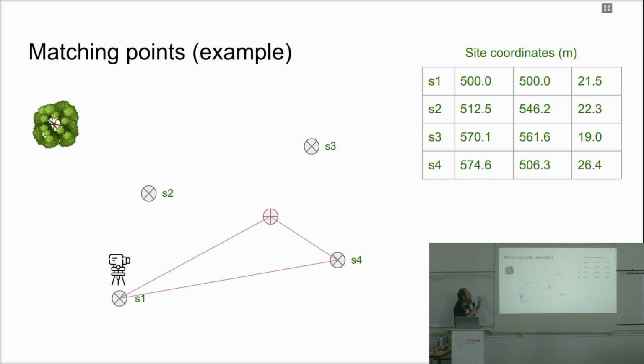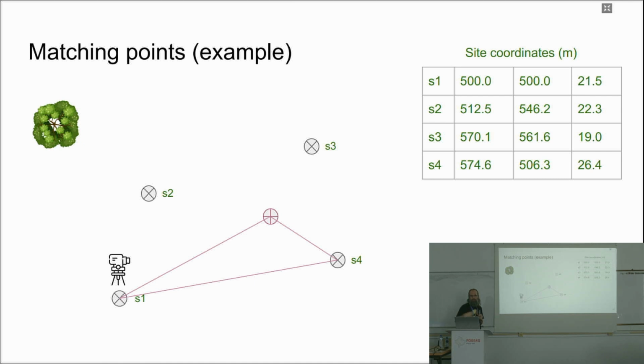Usually they don't start with 0 to avoid negative numbers. So the reference, the 0, 0, is a bit far away. And with a total station, if you want to find out the position of the 5th point there in the center, you measure the angles, and you can deduce the location of this point.